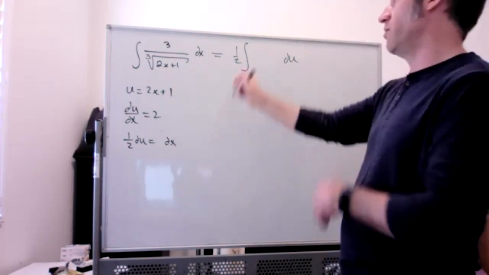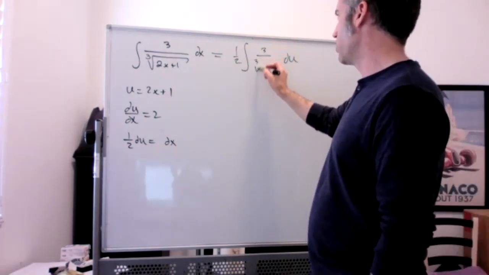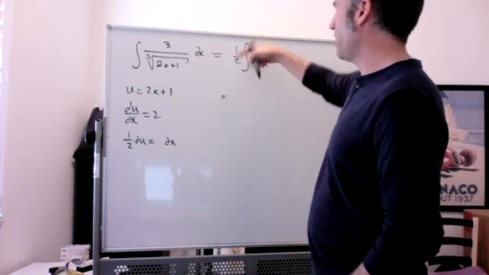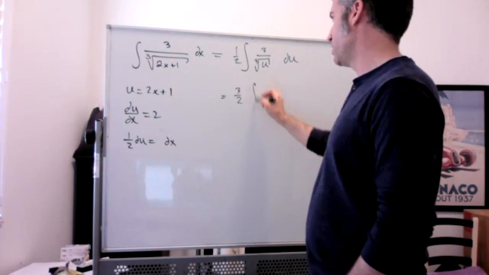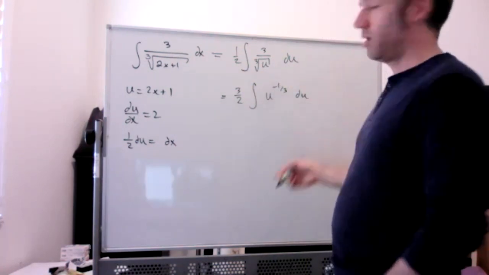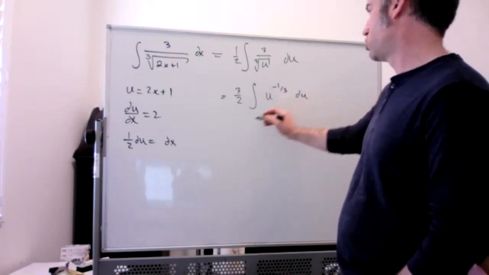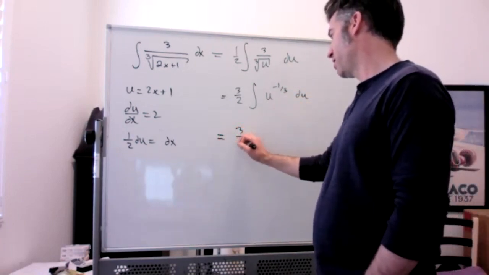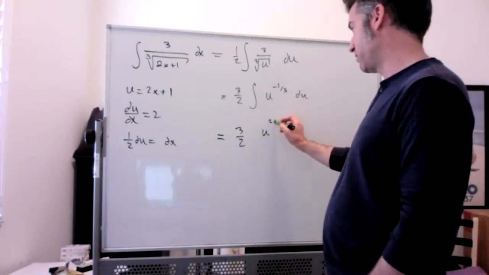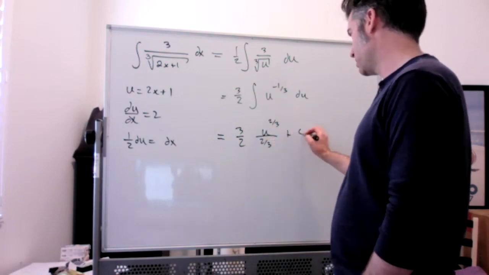And then the rest, I'm going to do 3 over the cube root of u. And then I'm going to rewrite that, let's bring out the 3. Let's say that's 3/2 integral of u to the negative 1/3. When you add 1 to negative 1/3, you get u to the 2/3 divided by 2/3 plus c.